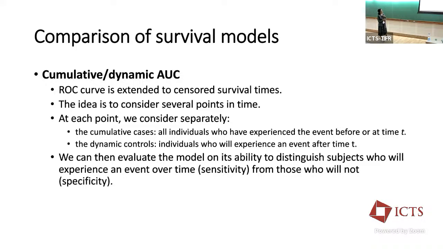The cumulative cases are all individuals who have experienced the event before or at the time that you're measuring, and the controls are individuals who will experience the event after time t. We can then evaluate the model and its ability to distinguish subjects who will experience an event over time. So we have sensitivity over time and specificity, just like in normal machine learning models.